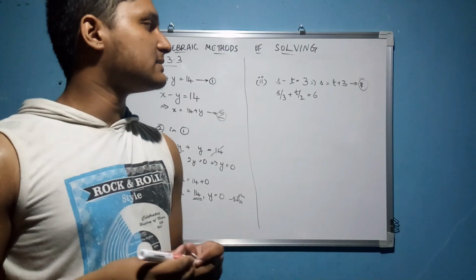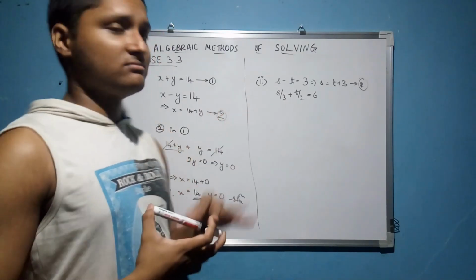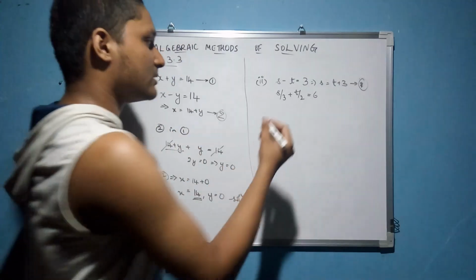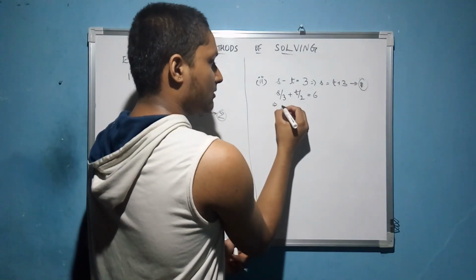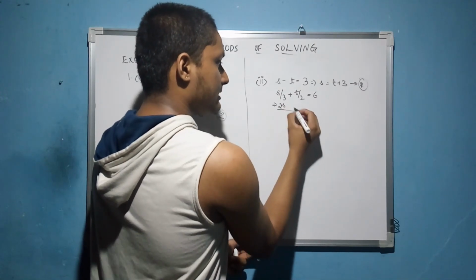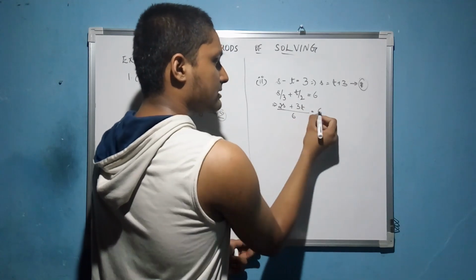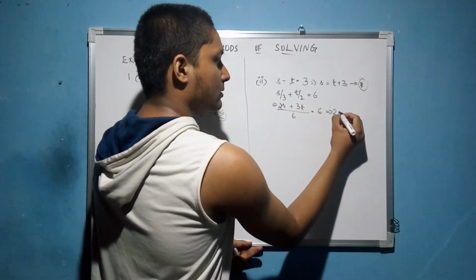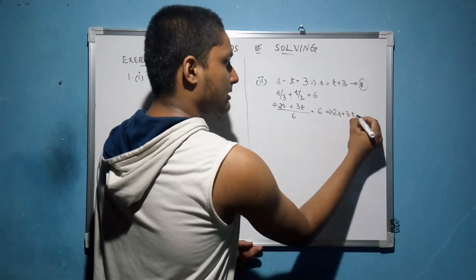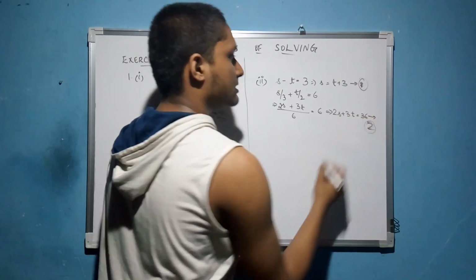Here you have s by 3 and t by 2 equal to 6, so I'll take an LCM, which becomes easier for substituting. So this becomes 2s divided by 6 plus 3t is equal to 6. Taking 6 to the right side, you get 2s plus 3t is equal to 36. I'll mark this as the second equation.